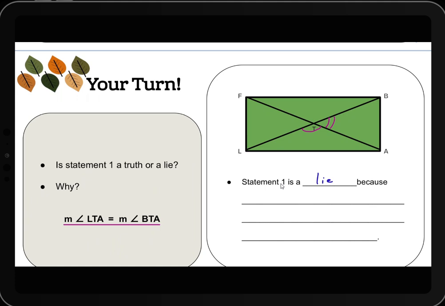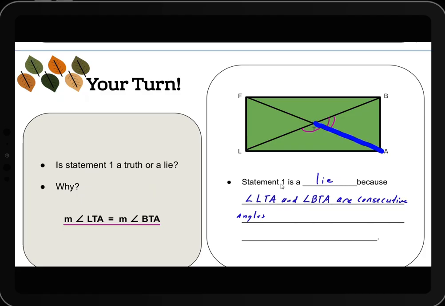Well, we know that it's a rectangle, and we can state that the angle LTA and the angle BTA are consecutive angles. Now, what does consecutive mean? Well, when you talk about consecutive, you're referring to angles that share a common side and a common vertex.